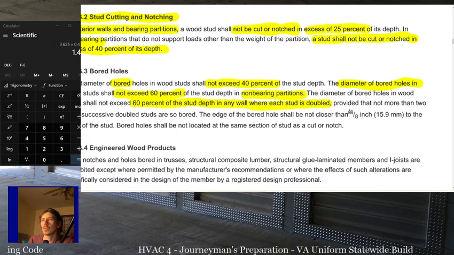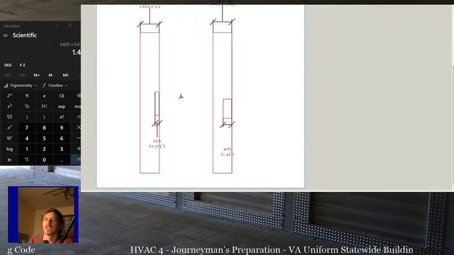And then the edge of the bored hole shall not be closer than 5/8 to the edge of the stud. Bored holes shall not be located in the same section of a stud as a cut or notch. So if we have notches in this stud, we can't put a hole here, right? We can't put holes in this area where it's notched.